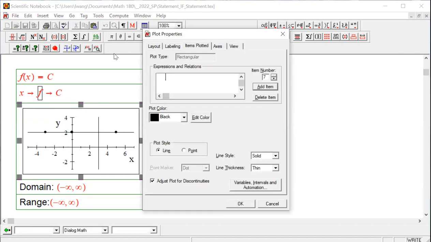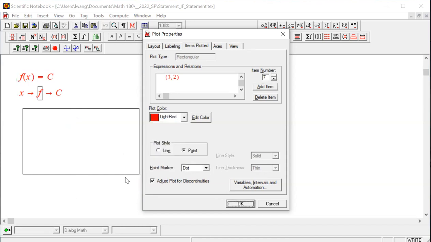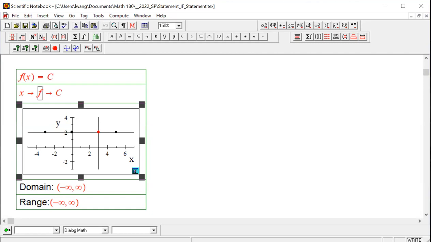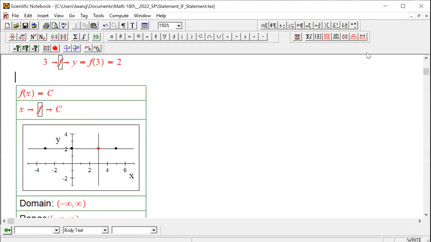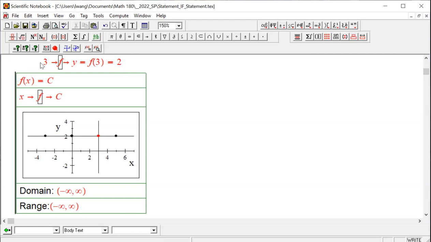I'll mark this point as (3, 2), with a red dot right there. Let's recall the process: when input is 3, I draw a vertical line, which is x equals 3, since x as input is 3.